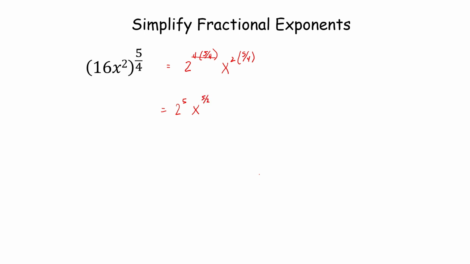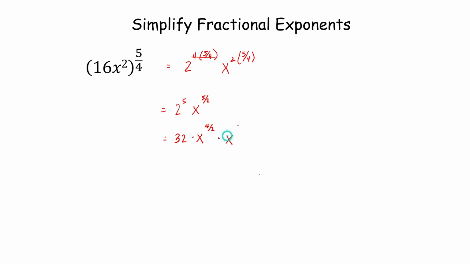Okay, since we already started our work with this, before we convert this into radical, let's try to simplify that x raised to 5 over 2 first. So let's just solve first 2 raised to 5. So 2 raised to 5 is the same as 32. Now that x raised to 5 over 2, we can express as x raised to 4 over 2, is that right?